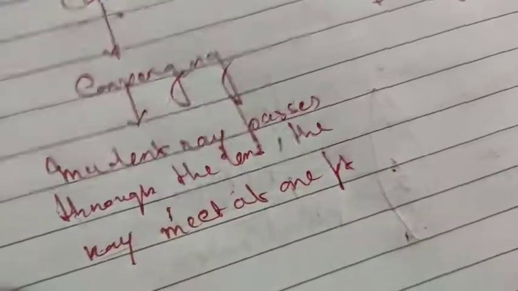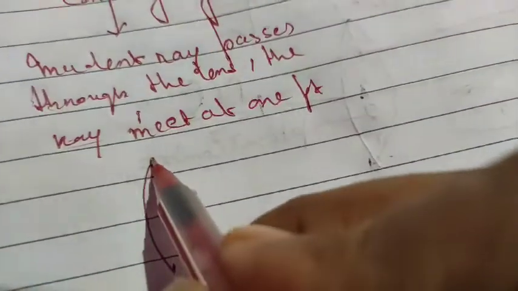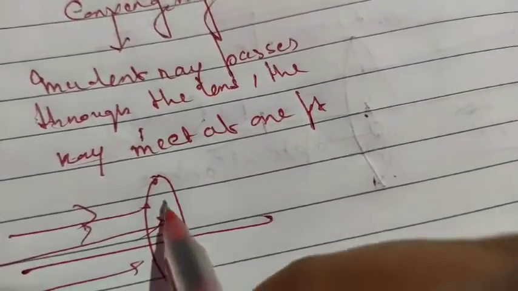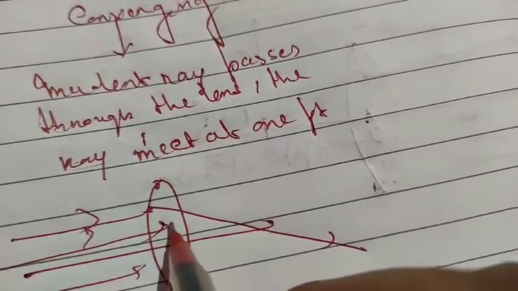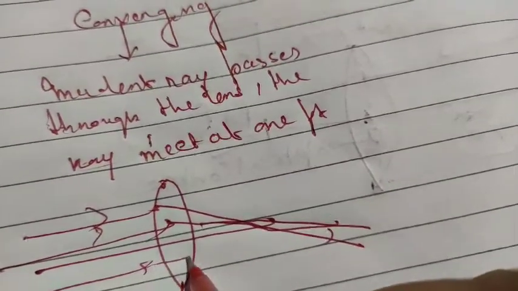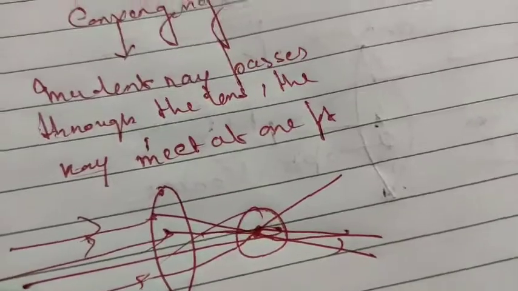So when all the rays, students, suppose this is the lens, I am just taking the structure of a convex lens. You take many incident rays of your wish. When they are refracted, means when they pass through the lens, all the rays should meet at one point. So this is known as converging.